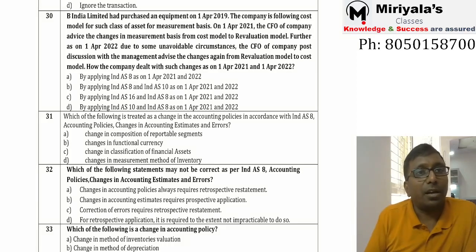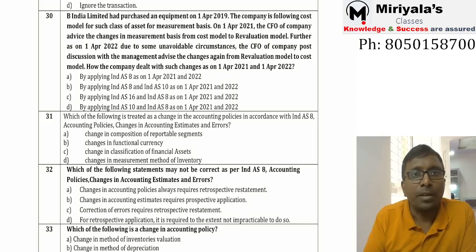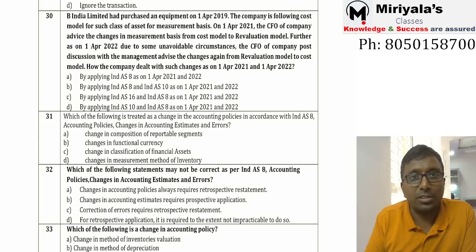B India Limited has purchased an equipment on 1st April 2019. The company is following the cost model for such class of asset as the measurement basis. Not a problem. On 1st April 2021, that is after 2 years, the CFO of the company advised a change in the measurement base from cost model to revaluation model. Not a problem, you can change it.